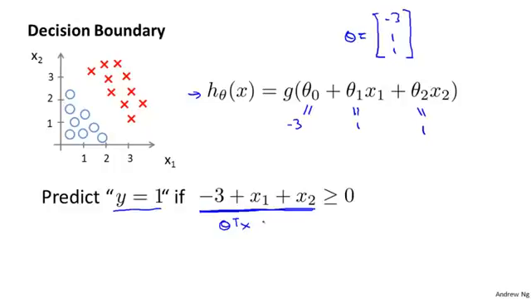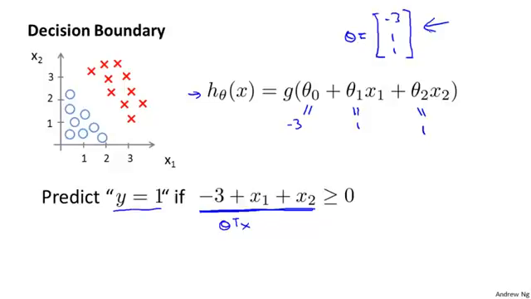And this formula that I just underlined, -3 plus x1 plus x2, is of course theta transpose x when theta is equal to this value of the parameters that we just chose.